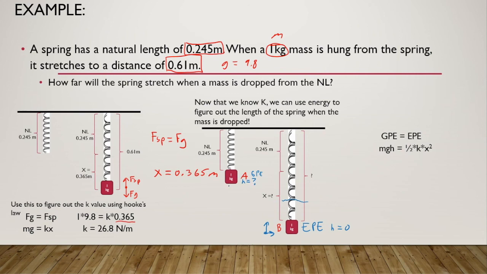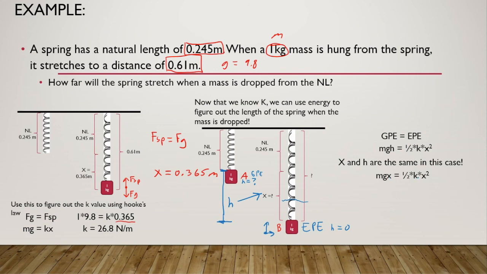If we're starting up here and we're ending all the way down here, this is our height. Well, our height is the same as our stretch distance. So that's really important. Because the height is the same as the stretch distance, we can replace h with x.